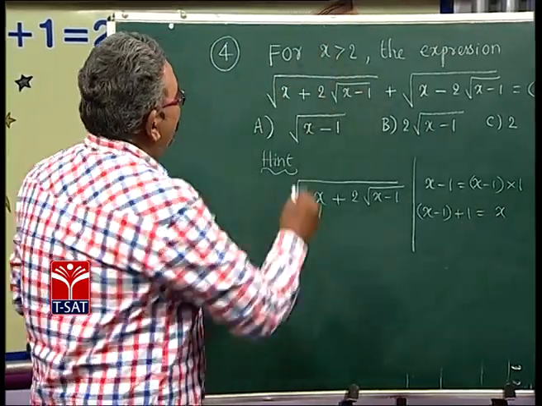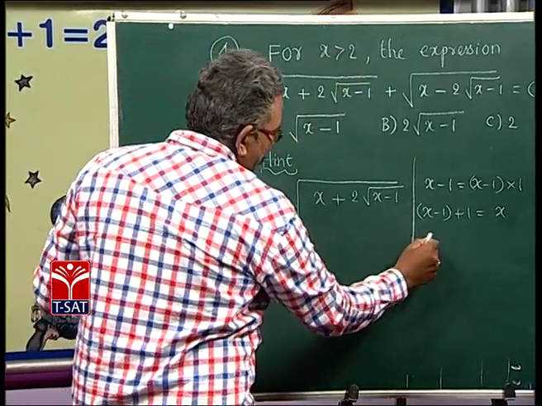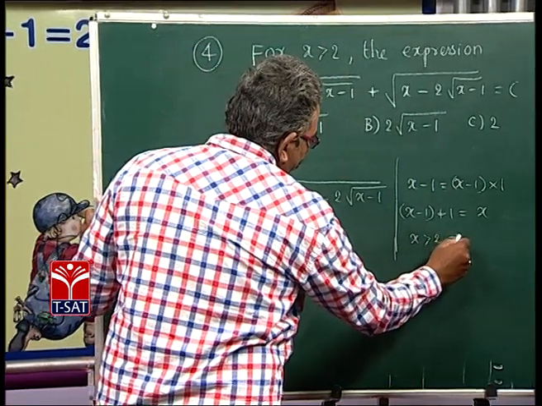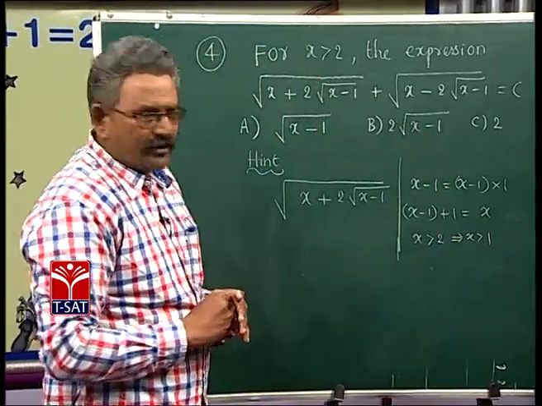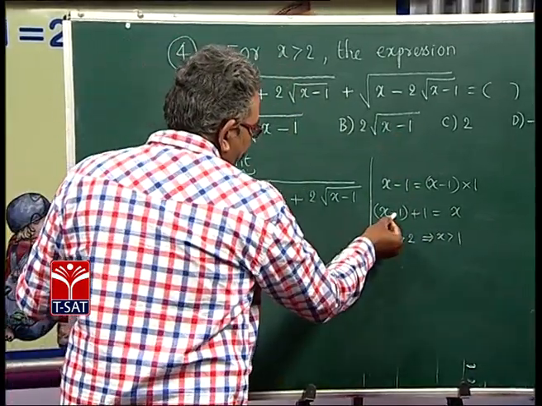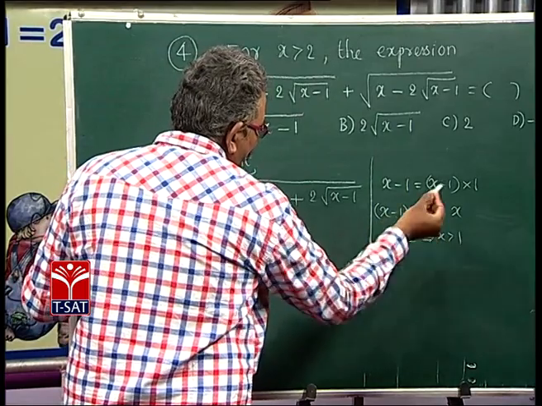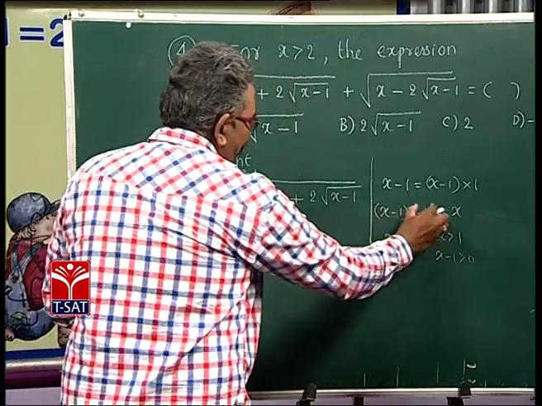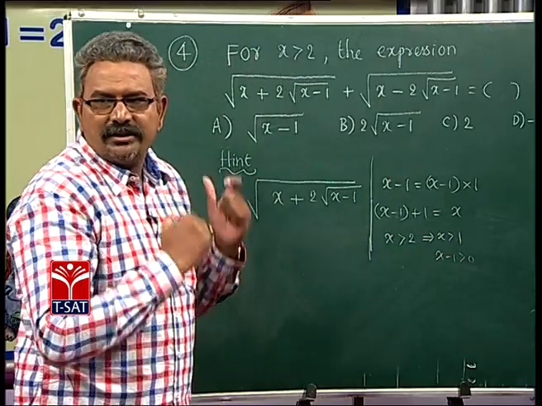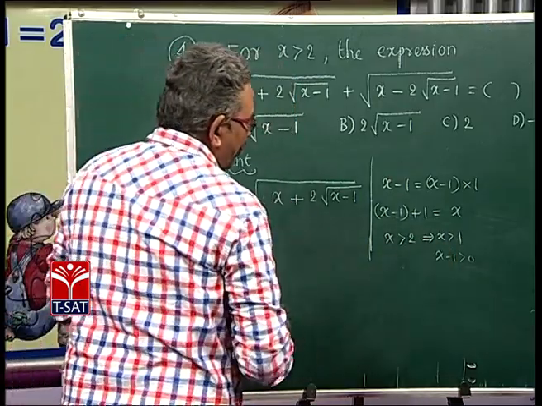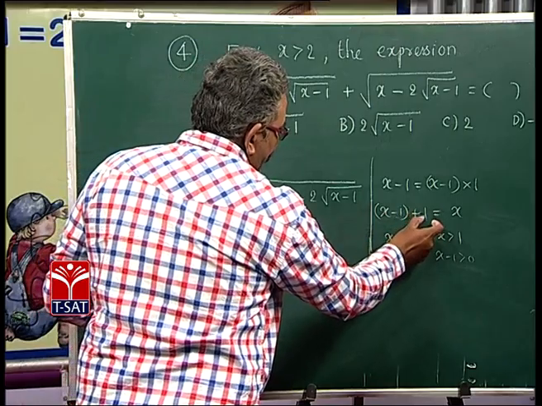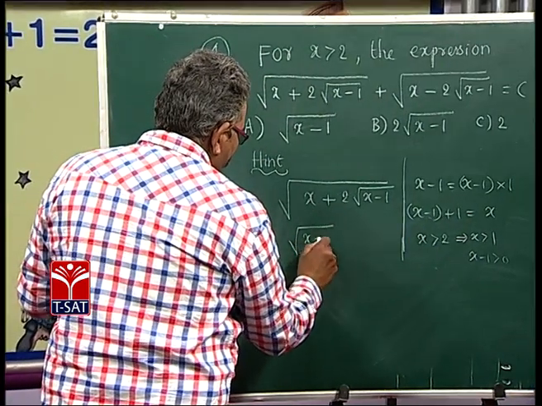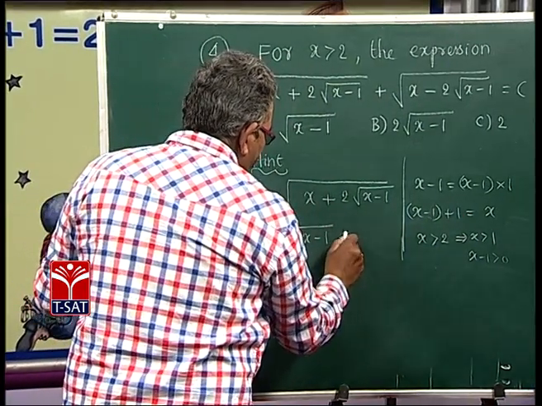You remember one thing, x greater than 2. X greater than 2 means x is also greater than 1. So, now here x minus 1 will be more than 1 only, x minus 1 is greater than 0. That means here we have two factors, x minus 1 and 1. Which is the bigger will be decided using this. So, x minus 1 is more than 1. So, that is why this square root we can write as root of x minus 1 plus root 1, which is 1.